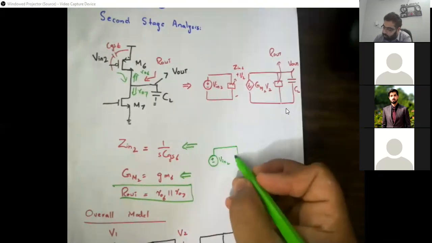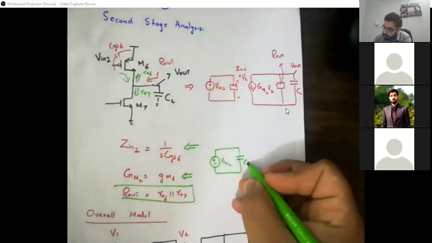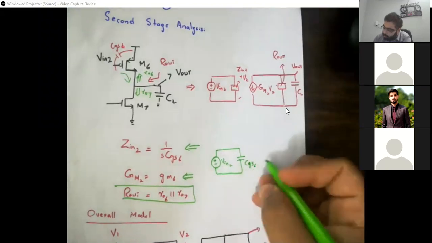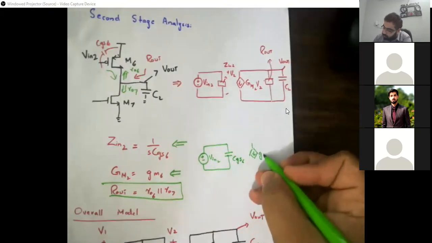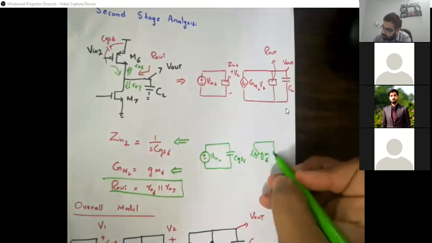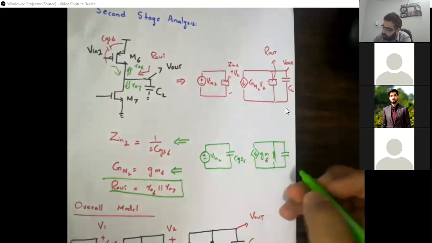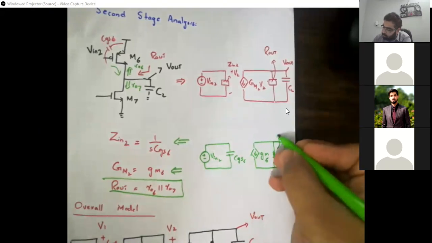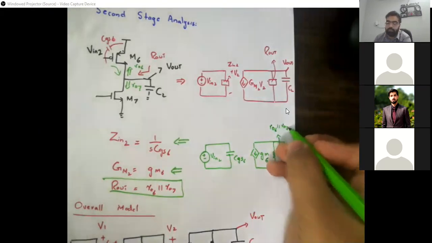So this is going to be a capacitor, its value is CGS6. It's going to go to a GM6. KCL will apply, and this is going to be RO6 in parallel with RO7.